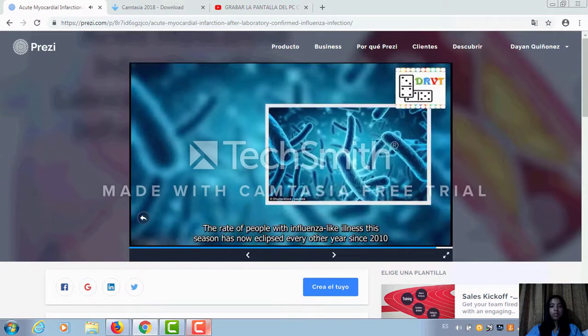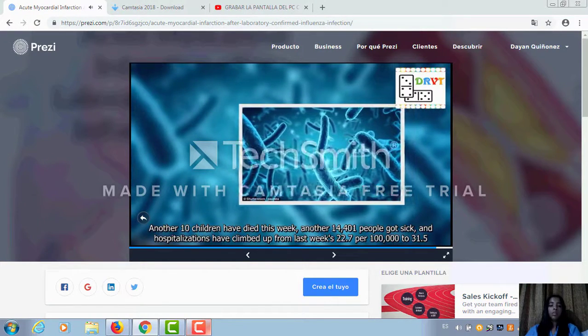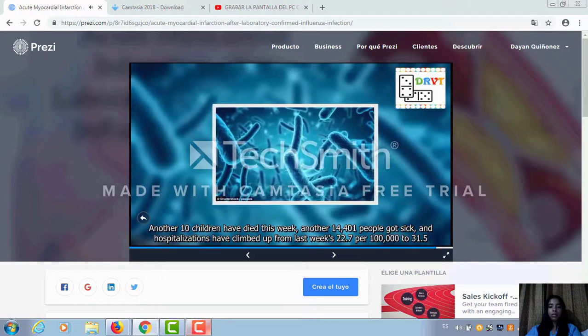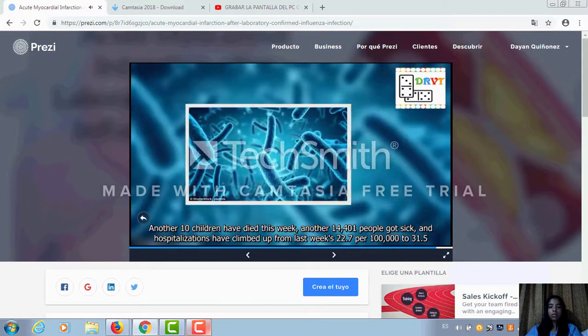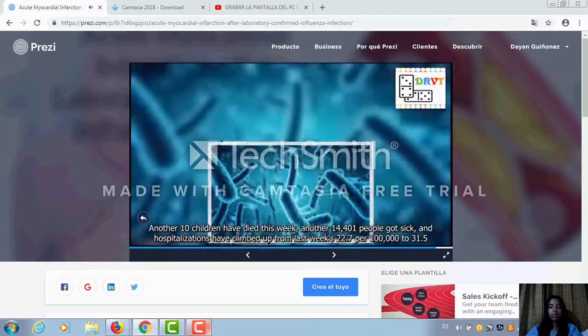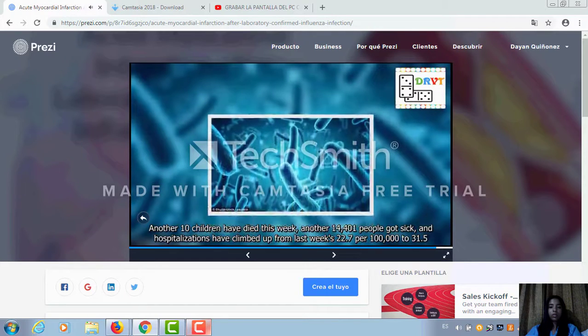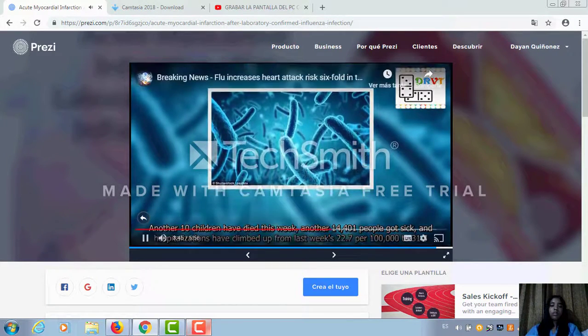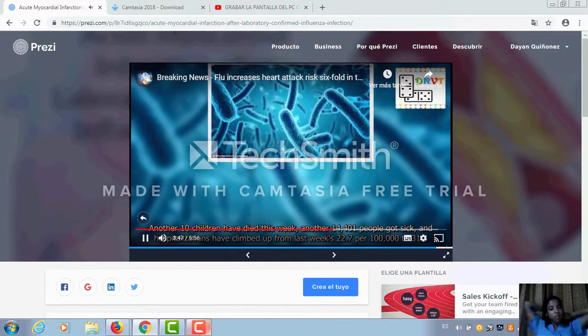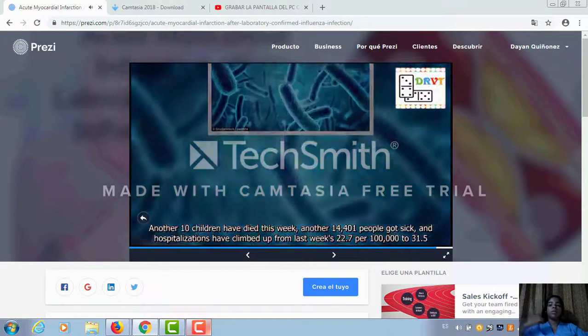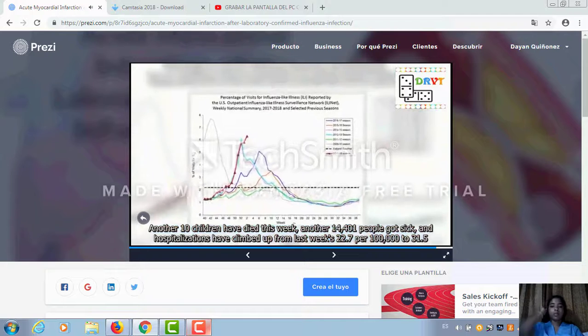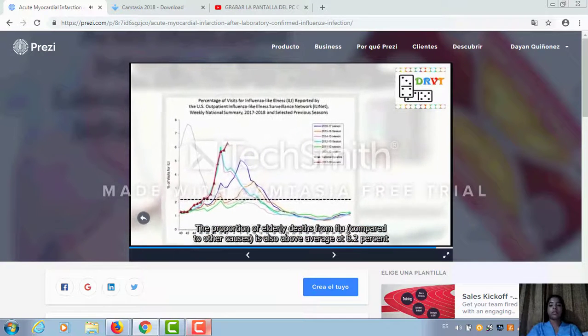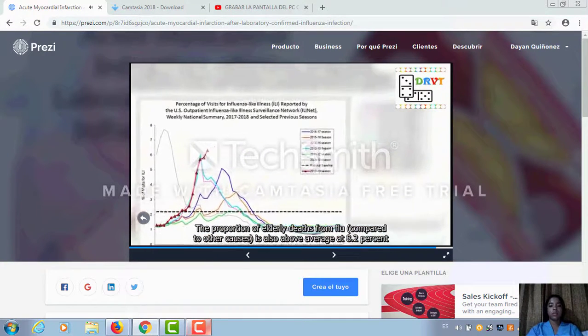Another 10 children have died this week, another 14,401 people got sick, and hospitalizations have climbed up from last week's 22.7 per 100,000 to 31.5. The proportion of elderly deaths from flu, compared to other causes, is also above average at 8.2%.